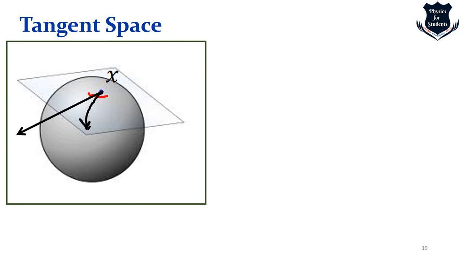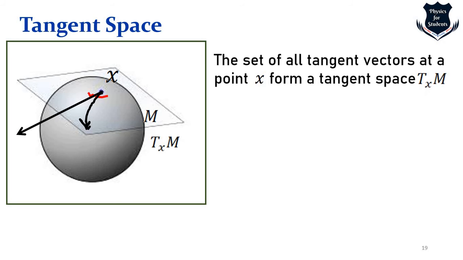All the tangent vectors, or rather we can say the set of all tangent vectors of manifold M, this one is the manifold M, forms a tangent space, and the disjoint union of all tangent spaces on a manifold forms a tangent bundle. So the set of all tangent vectors at a point X, which is on the left hand side of your screen, forms a tangent space T sub X M.